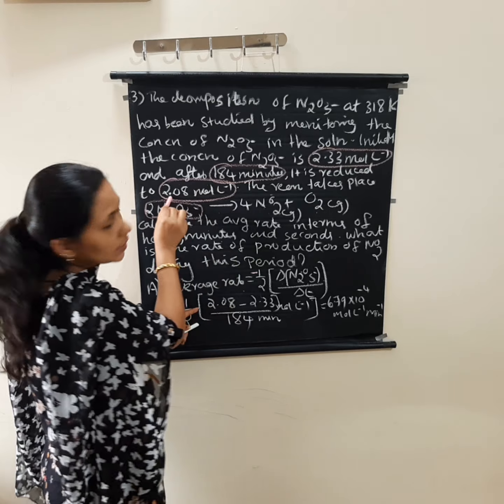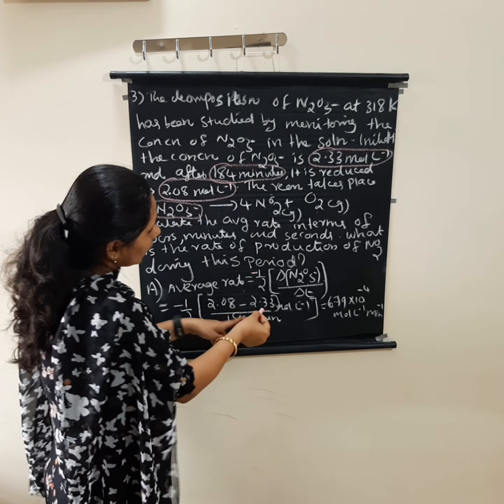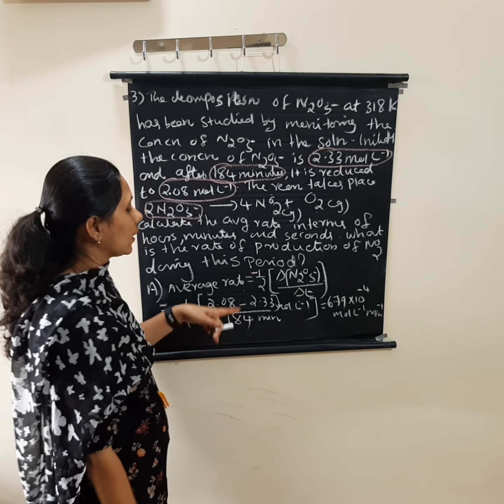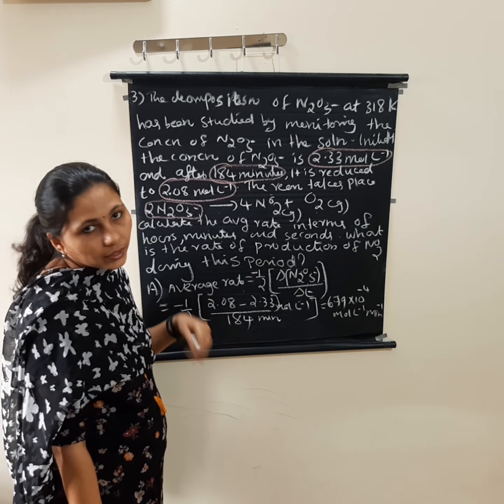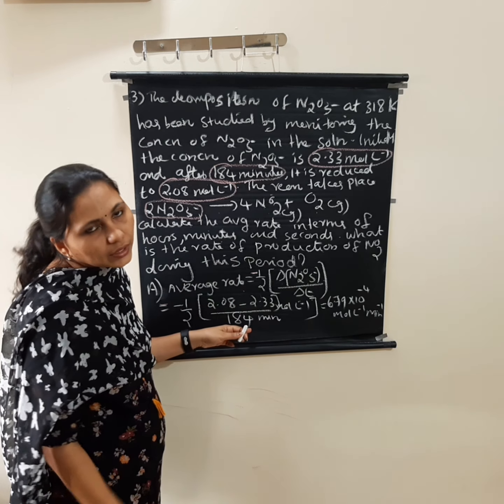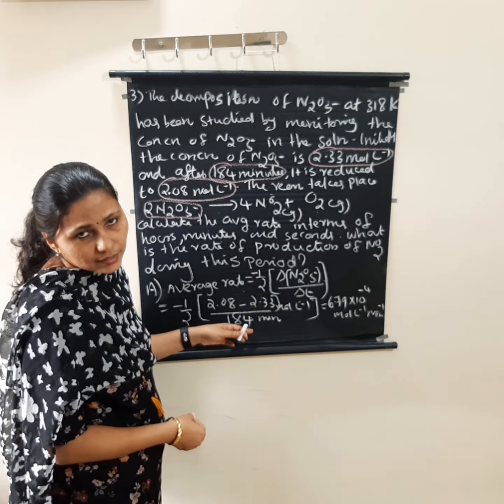The final concentration is 2.08, the initial concentration is 2.33 moles per liter, divided by time. Delta T means final time minus initial time. Final time 184 minutes is given. Initial time we consider as 0.